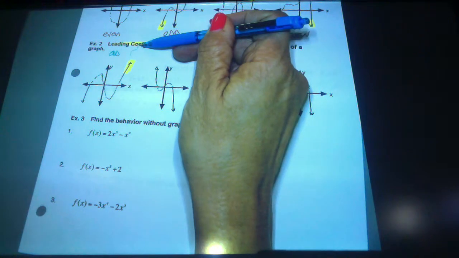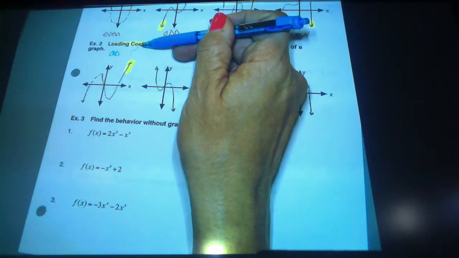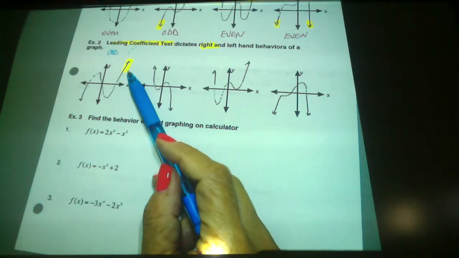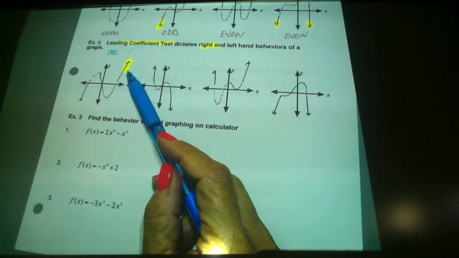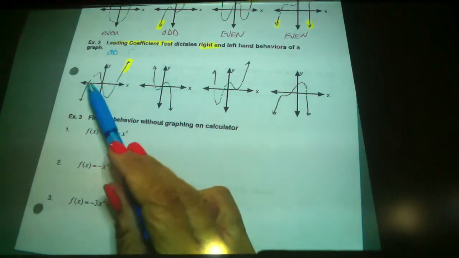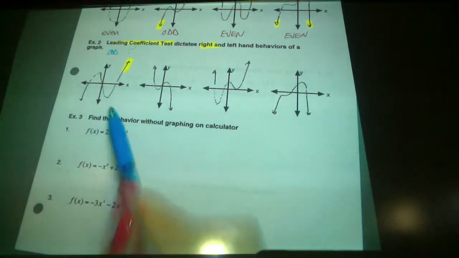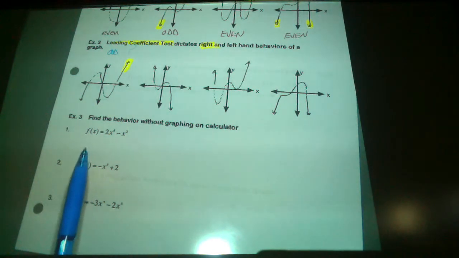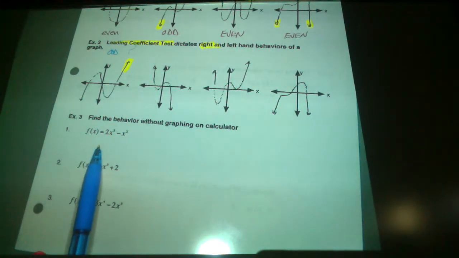And isn't the leading coefficient on y equals x cubed positive 1? True, right? So this is no different than that general basic graph of y equals x cubed. It's just got some hills and valleys in it. And what causes hills and valleys are additional terms, like there's probably an x squared term in there and an x term in the polynomial in addition to that cubic term.